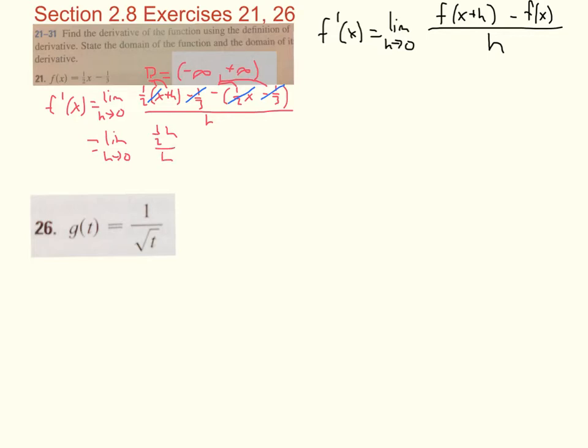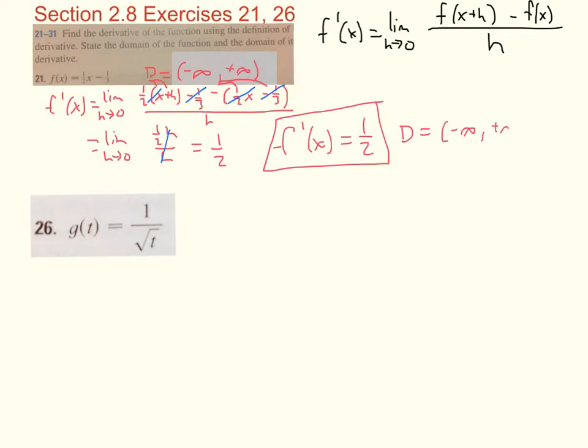Obviously these h's are going to cancel out, and the limit as h approaches 0 of 1/2 is just 1/2. Therefore f prime of x is equal to 1/2. If we look at the domain of the derivative, it's just a constant function, so its domain is also going to be negative infinity to positive infinity.